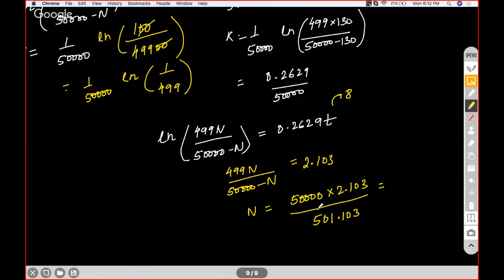Yeah, that's correct. So into 8 will give you 2.103. Absolutely correct. Oh, I have to do e to the power this also. Oh, I forgot e to the power this.